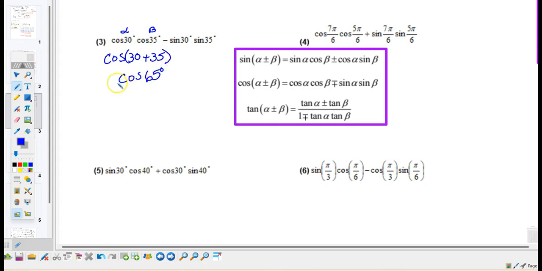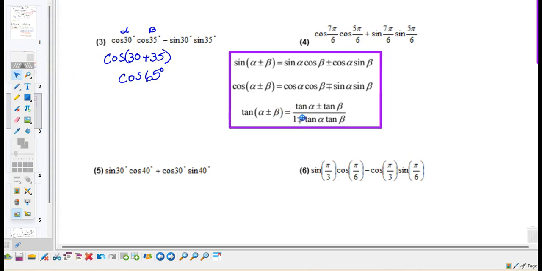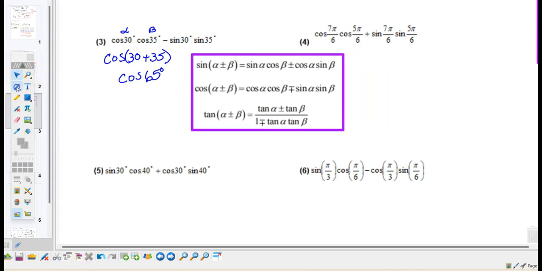And cosine of 65 degrees, we can't simplify or evaluate that anymore. 65 is not a special angle. Even if I had tried that back here, 35 is not a special angle, even though 30 is. So this problem's finished.